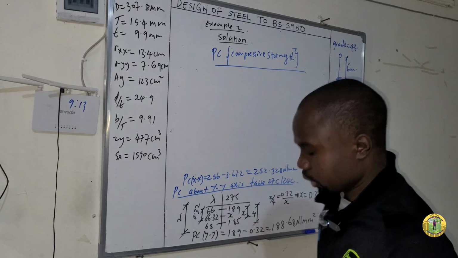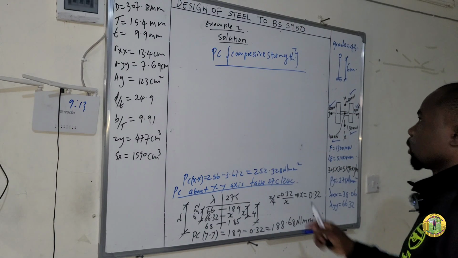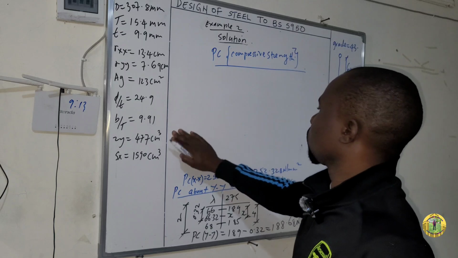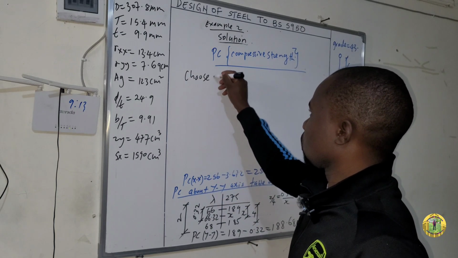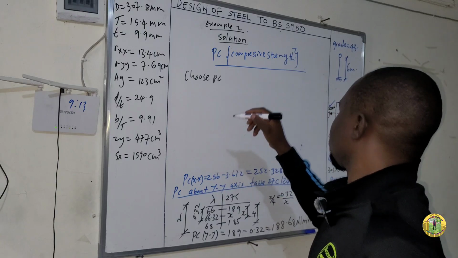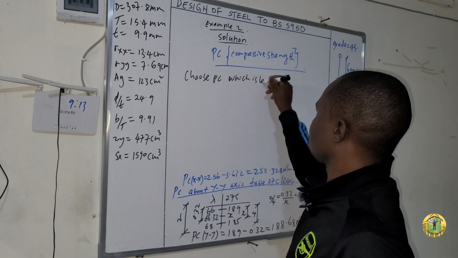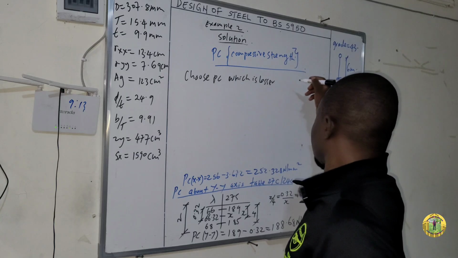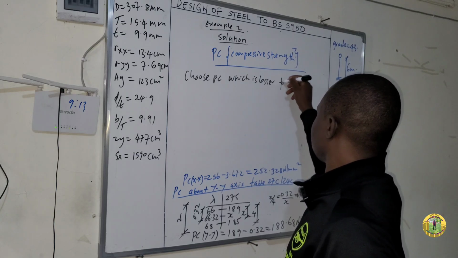So after that, we'll say choose a PC which is lesser for the two.